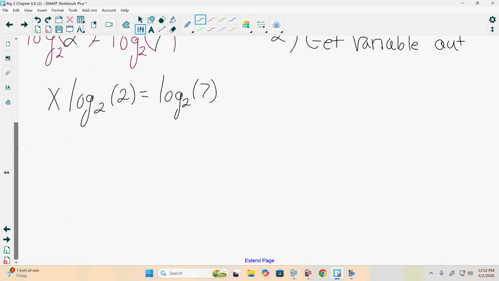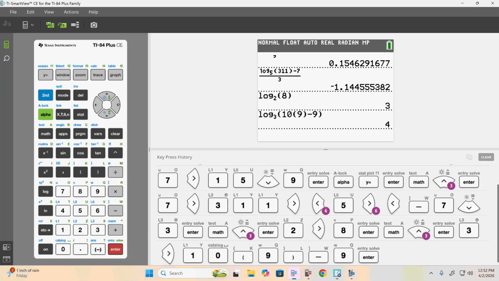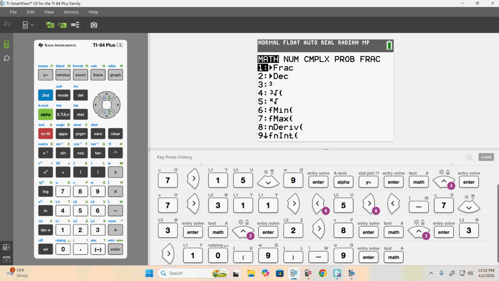Now log base 2 of 2, our logarithm here. As we've talked about and worked with logarithms, really what a logarithm is saying is, 2 to what power is 2? Our base of the logarithm to what exponent gives us what's inside the log. And well, log base 2 of 2, 2 to what power is 2?